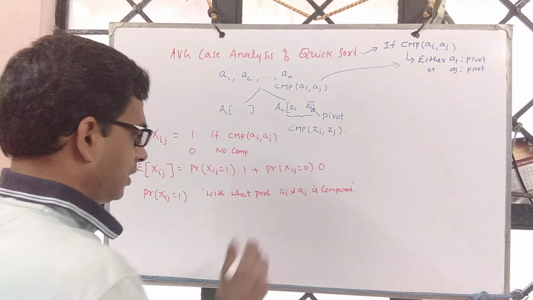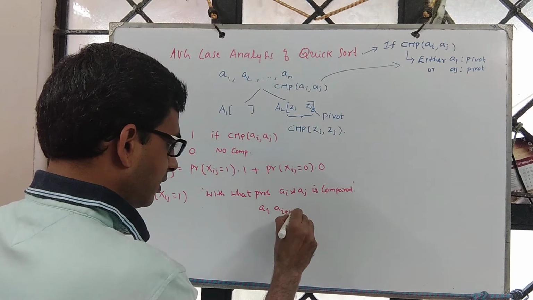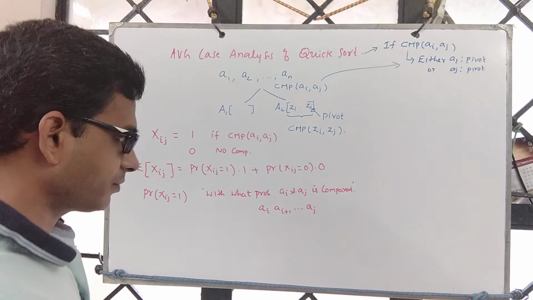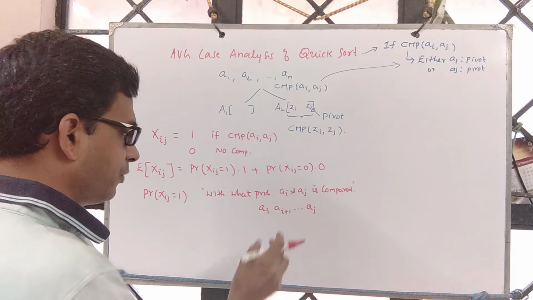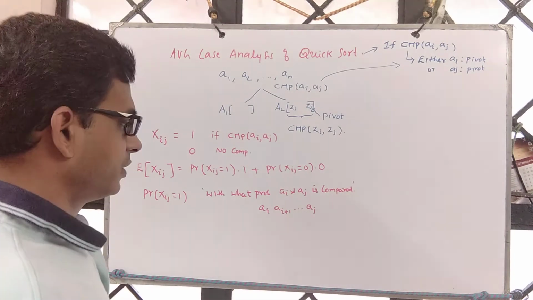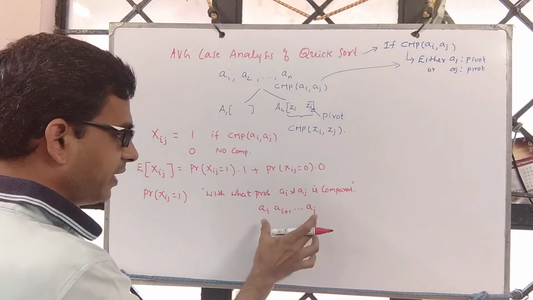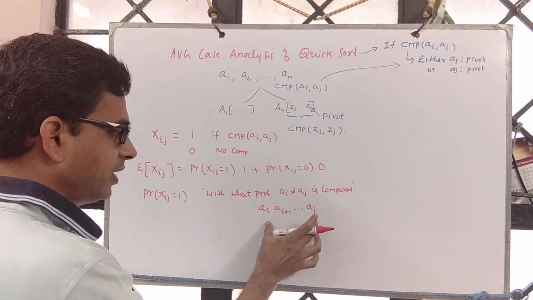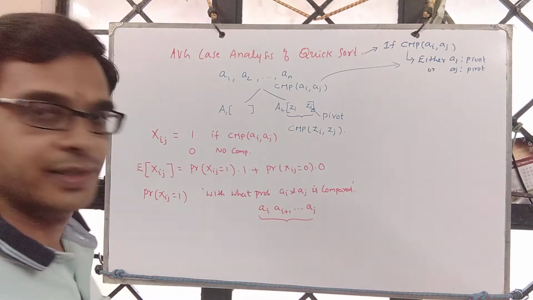So you can assume something like Ai+1 and so on up to Aj. Without loss of generality, you assume the elements are appearing in some subarray. That could be Ai+1, so on up to Aj. So in some sense, we come to a subarray, and in that subarray we find these two elements are present. I am saying the subarray looks like this: Ai, Ai+1, so on up to Aj.